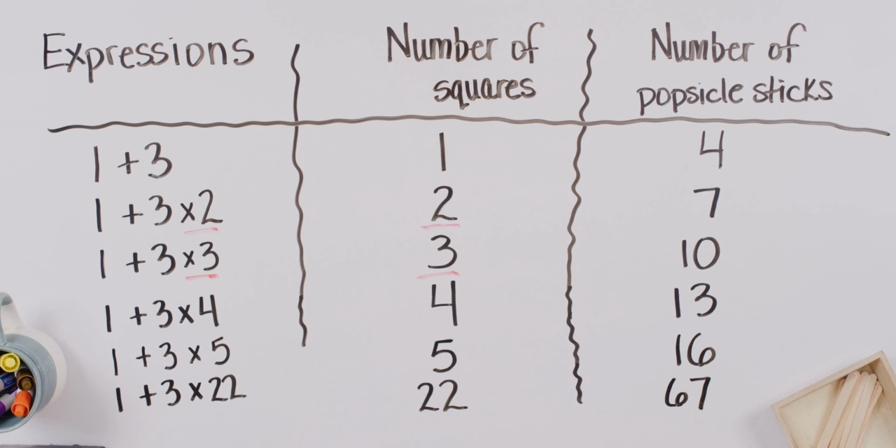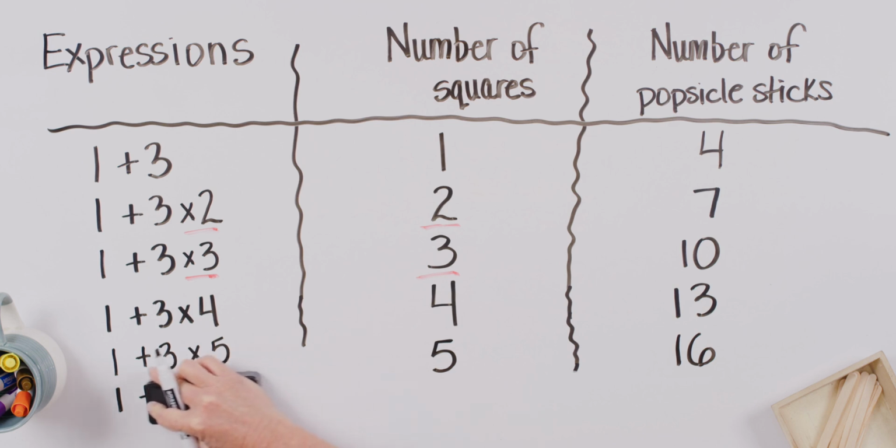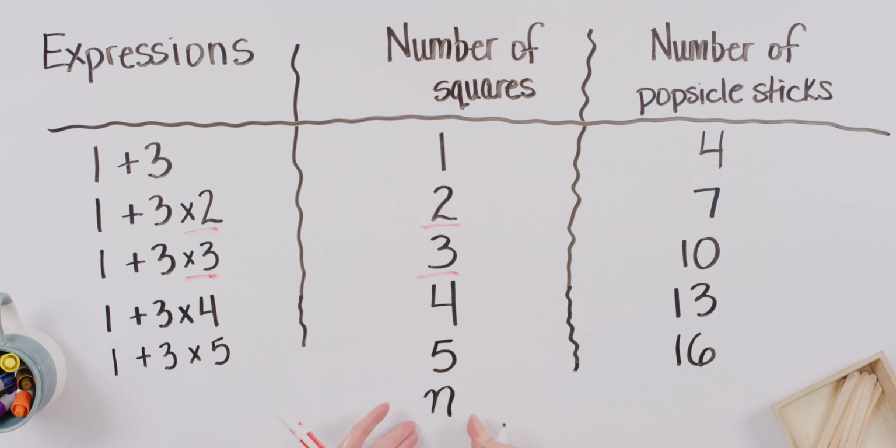So now we can actually incorporate an algebraic expression here. What if, let's see, I'm going to erase this bottom one so we have some space here. What if the number of squares was n? In other words, we're not sure how many squares, but we're going to use our variable, n, here. What would be our expression?